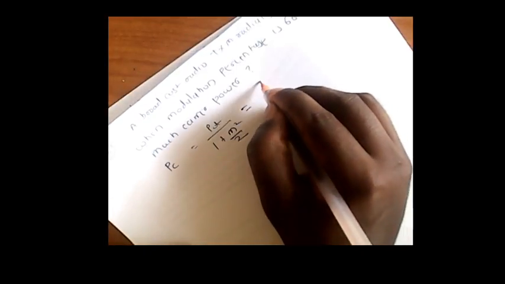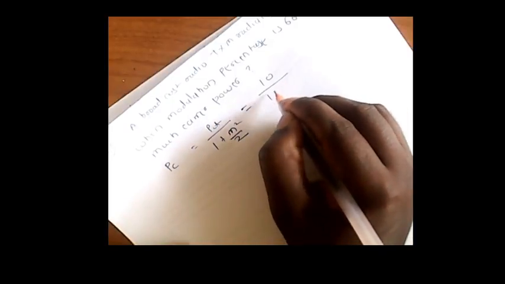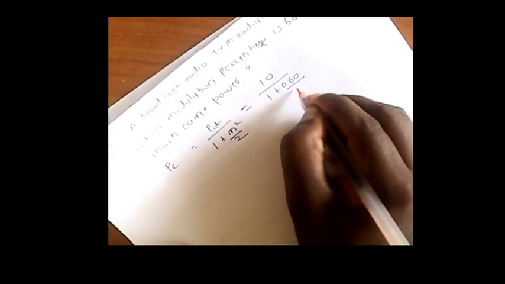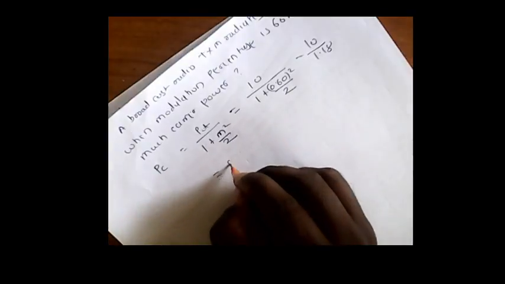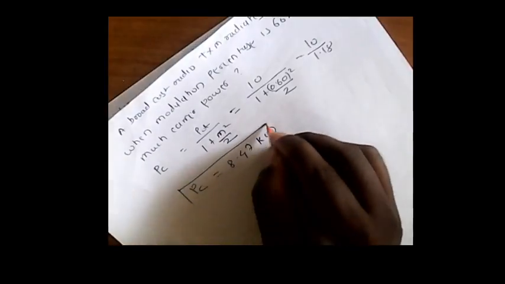So the total power is 10 kilowatt, so 1 divided by (1 plus 0.60 divided by 2) whole square. After solving, we get 8.47 kilowatt as the carrier power.